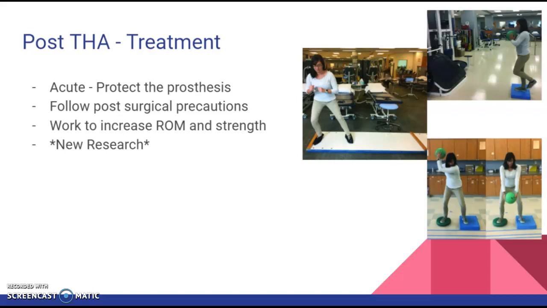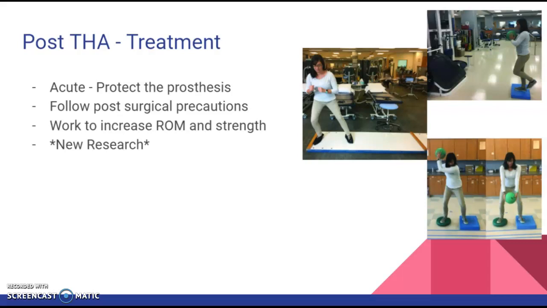And then I found another article, which was extremely interesting. And this was an interventional study. They wrote in their conclusion, yeah, we need some more research on this one, but I thought I'd tell it to you guys. It really focused on reducing visits early after the total hip replacement for the first 12 weeks.